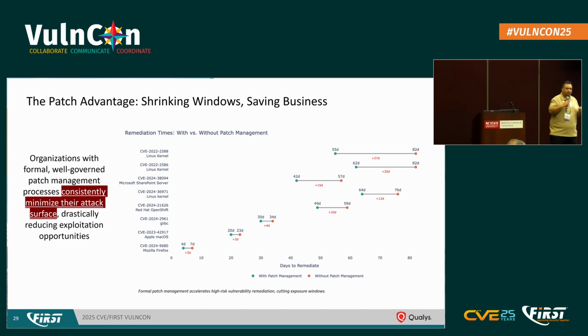it's not reality to expect every single system to be patched, because there are cases that you cannot patch, simple as that, right? But you need to have a system to help you mitigate it in some ways.